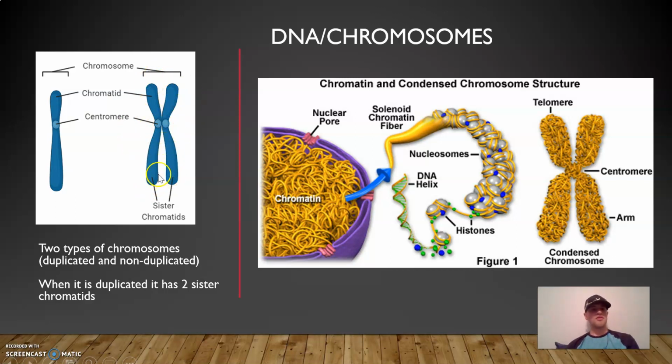So they call these 2 chromatids sister chromatids, and they're called sister chromatids because these things are absolutely identical in every single way. So they have the exact same genes, the exact same traits. Everything is the exact same on sister chromatids. And that's an important thing to know, is that this is a replica. This is the same piece of DNA just replicated, and then they are attached at the centromere.